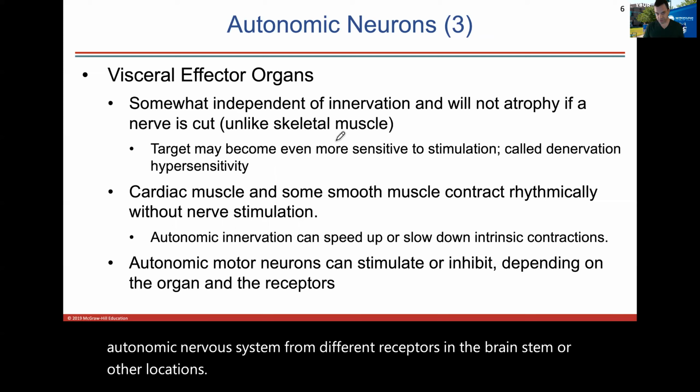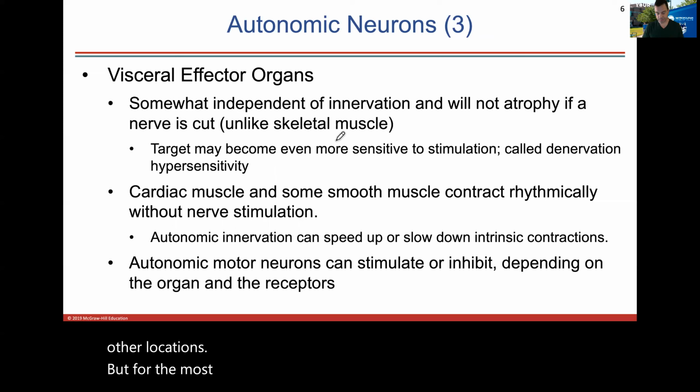But for the most part, they act on their own, which is interesting, because if you cut a nerve here, they don't atrophy, unlike a skeletal muscle where if you cut that nerve, it atrophies.